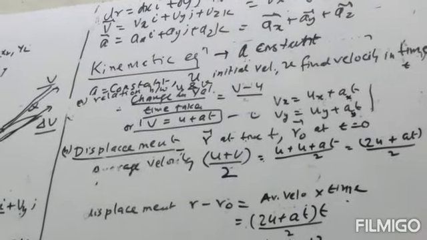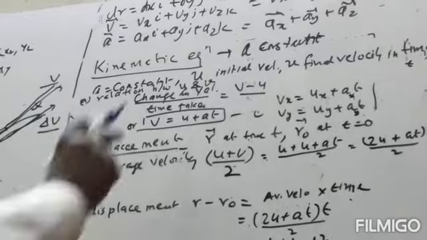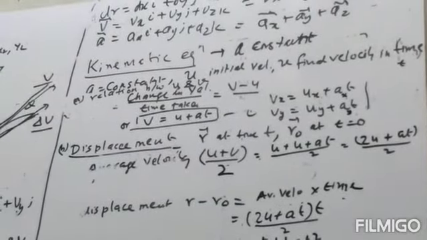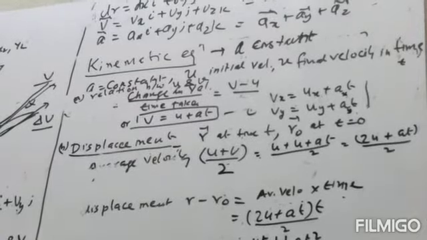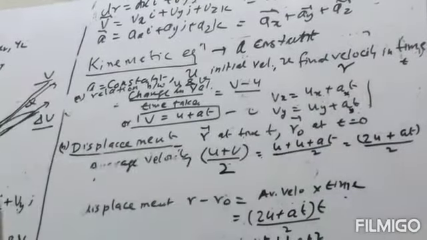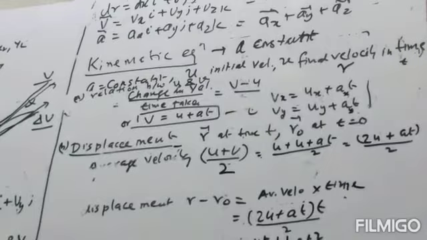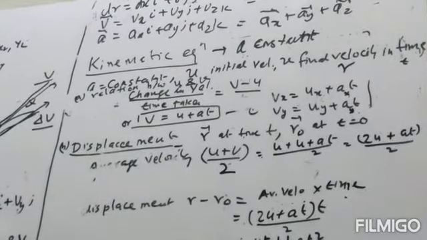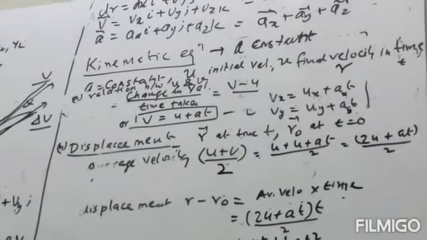Then, if u is the initial velocity, v is the final velocity, a is the acceleration, t is the time taken, and r is the total displacement, first we relate the initial velocity and final velocity.